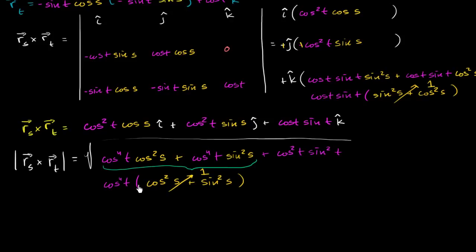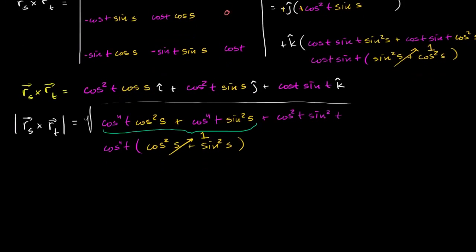Now we can attempt to simplify this again, because this term and this term both have a cosine squared t in them. So let's factor those out. Everything I'm doing is under the radical sign. So this is going to be equal to cosine squared t times cosine squared t plus sine squared t.